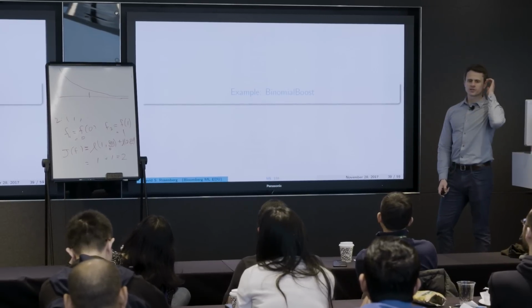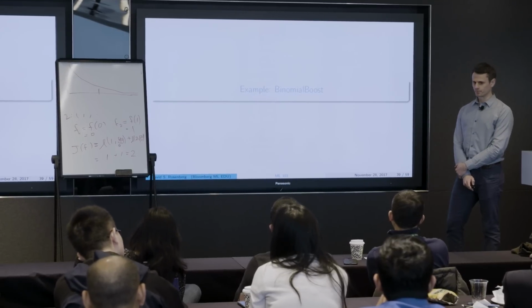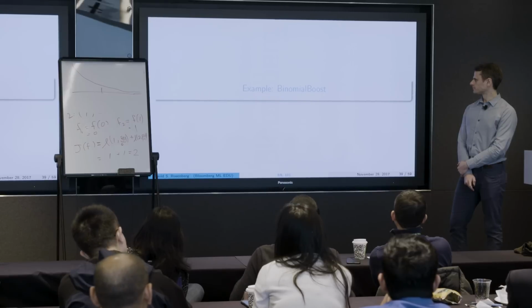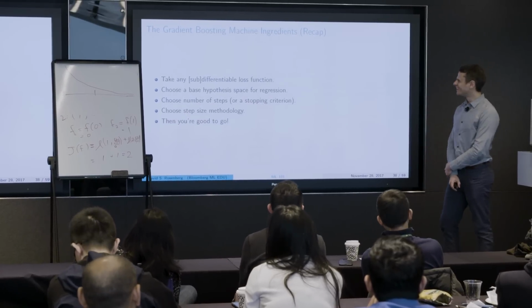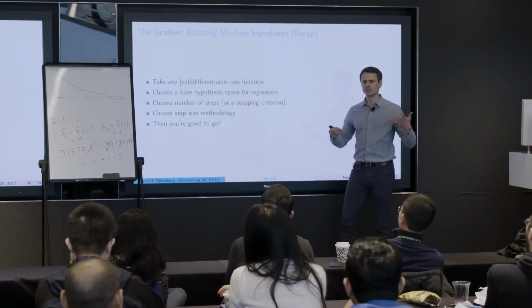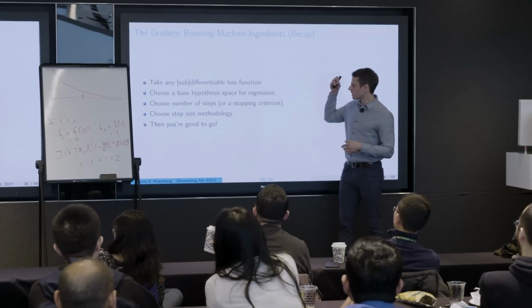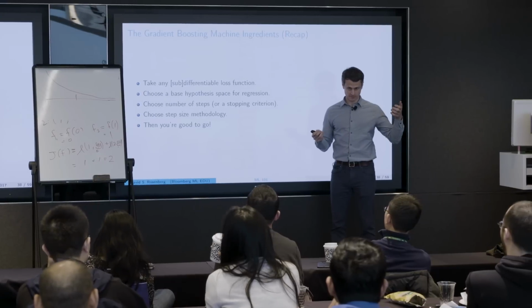All right, we can go over some examples by hand in our lab section. Or how about right now? But first, a quick recap of the ingredients for gradient boosting. We have a loss function. We need to be able to differentiate it with respect to the predictions.